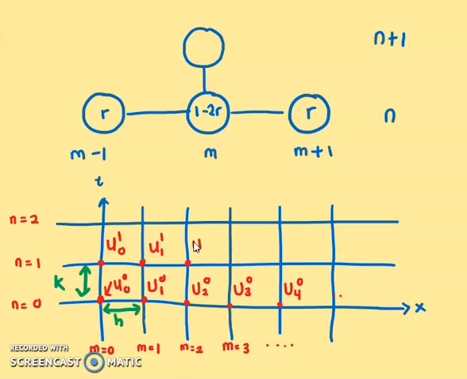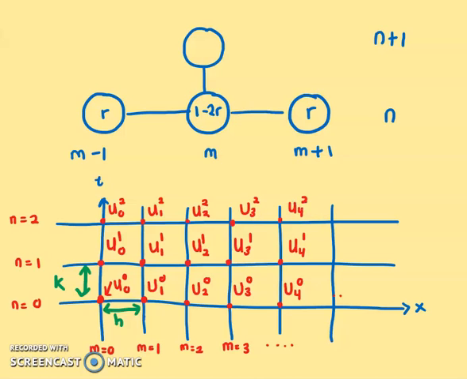This value here is my u21 because m is 2, n is 1. This is my u31, u41, and so on. Here on the other hand will be u02, u12, u22, u32, and u42, and so on. I hope you get me.